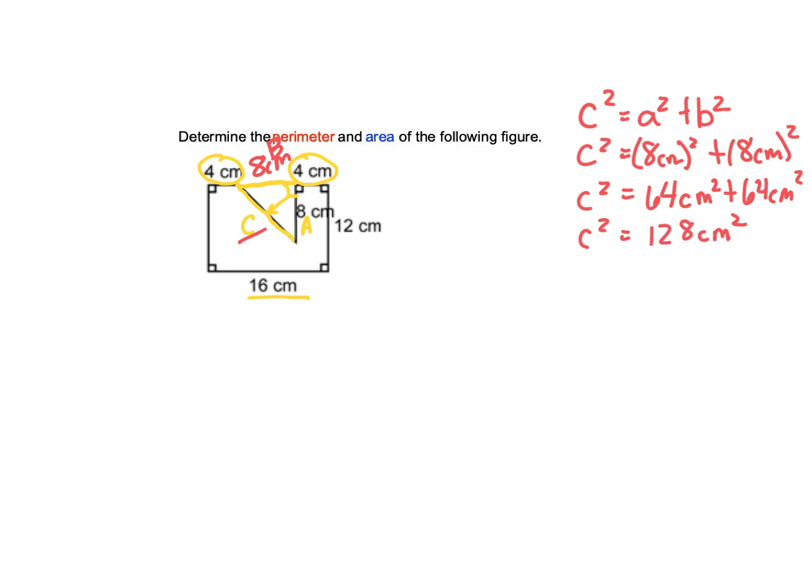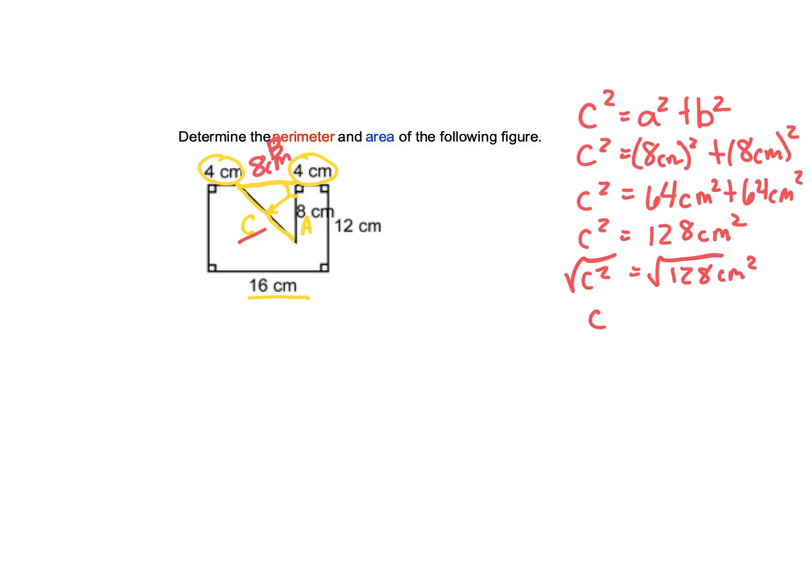And if I go to square root that, we are going to get our missing value. So we have 128 and we end up with 11.3. So C squared, square root of C squared equals the square root of 128 centimeters squared.